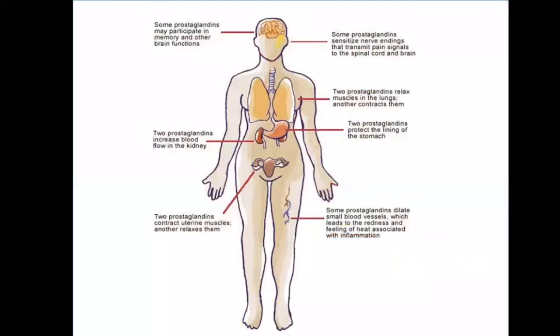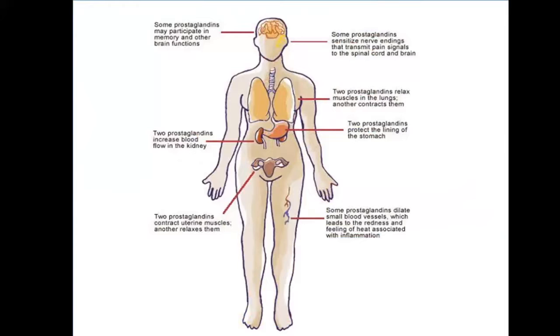Now, it's a little bit more complicated than that though, because not all prostaglandins cause us problems. There are prostaglandins everywhere in the body actually, and a lot of them are very useful. So we have prostaglandins in our brain that help with memory and other brain function.